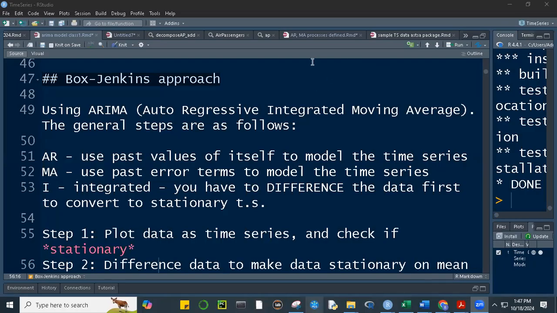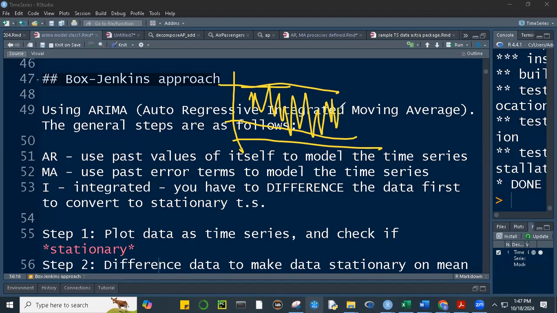So when you say stationary, class, your time series should have constant mean and constant variance. If you recall, class, I gave an example where we plotted your time series. And if your time series behaves this way, so it moves within this band, class, this is an example of a stationary time series.